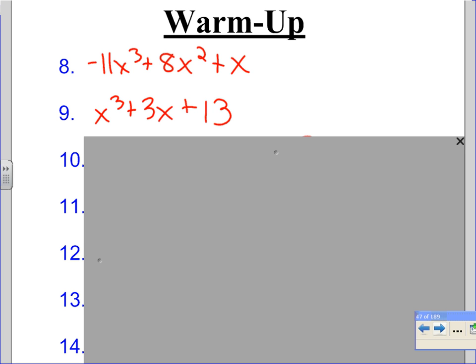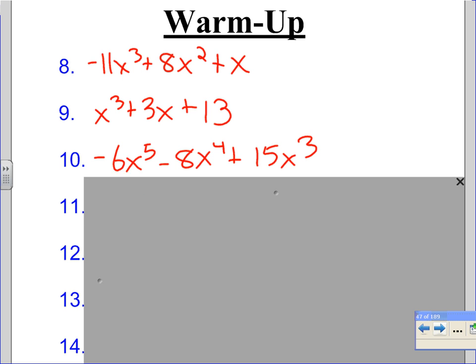Okay, 15x to the third is right, but not the other two terms. Justin? Go for it. Perfect. Good job.